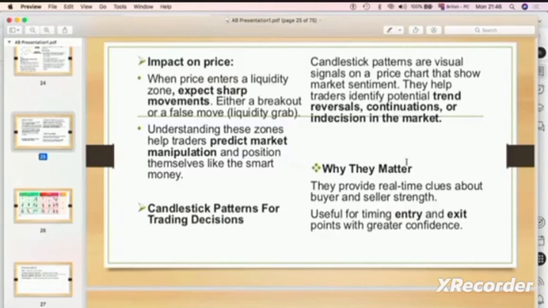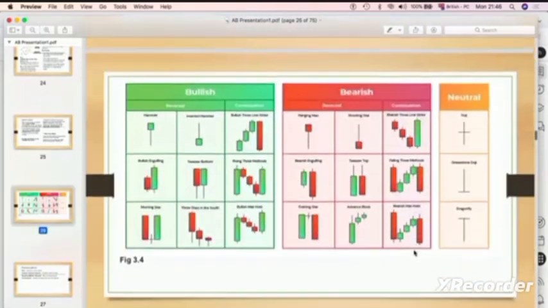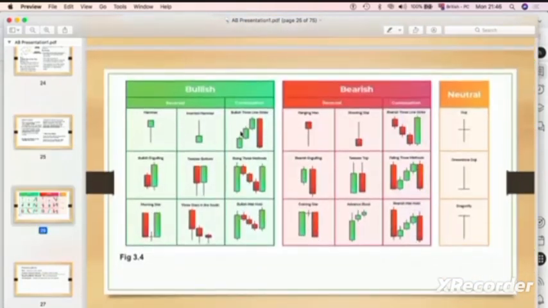We have different patterns represented here, and if you are able to spot them on a chart when you are doing your analysis, at least you know what they are and what they represent. On the left-hand side here, the bullish ones are in green, and on the right side we have the neutral ones, which I'll tell you briefly what to expect when you see them in the market.